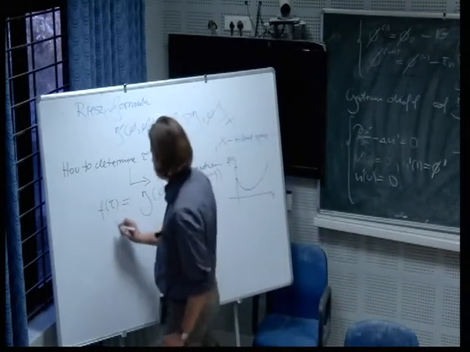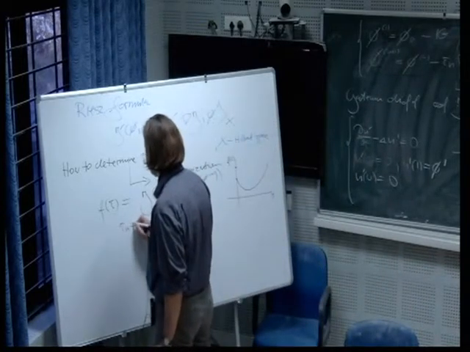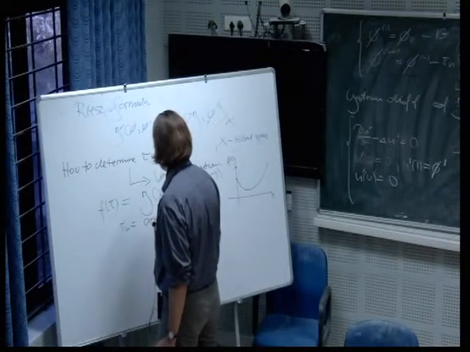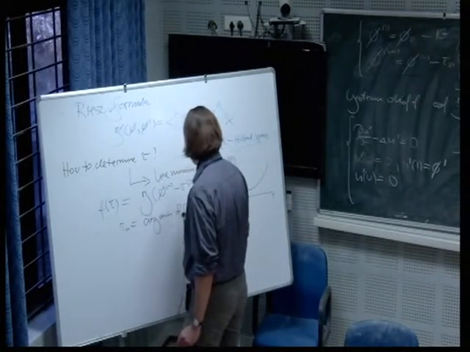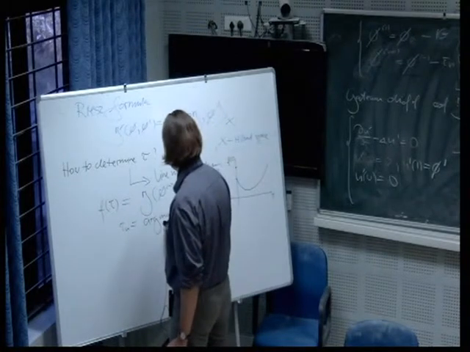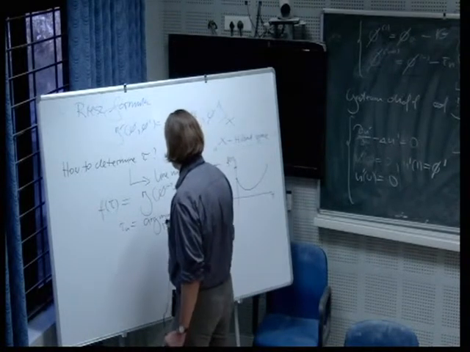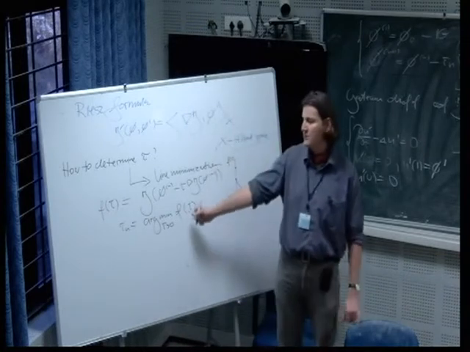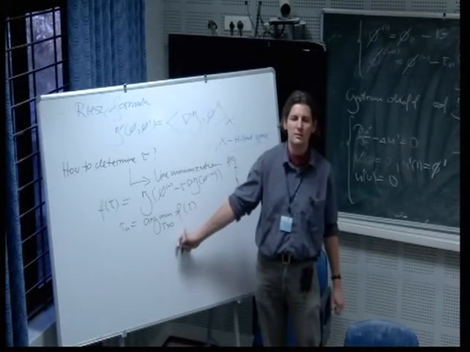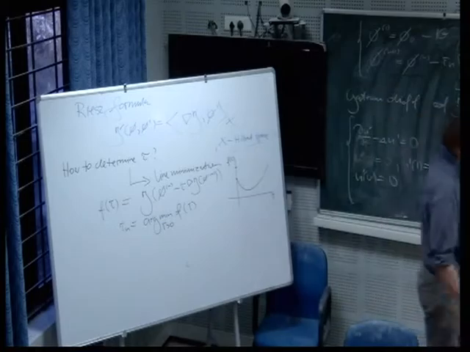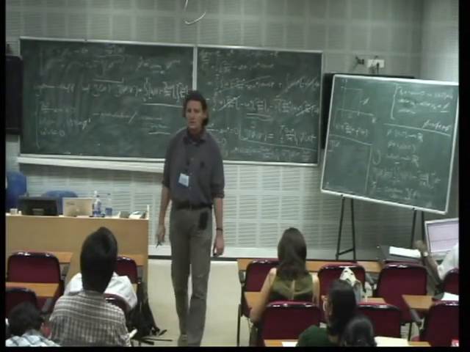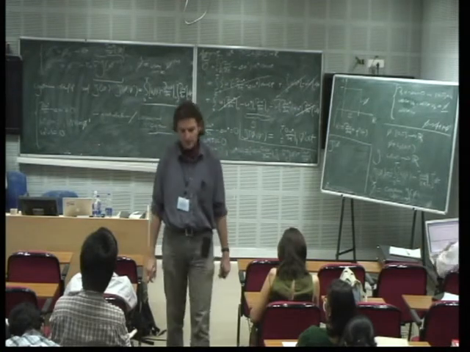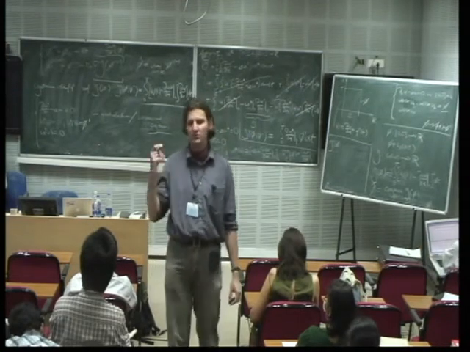And how do we find tau n? Tau n is found by the solution of the following problem. We are just looking for the minimum of this function with respect to tau. And this is a very well-developed area of numerical optimization, which provides a number of different algorithms that can solve this problem.